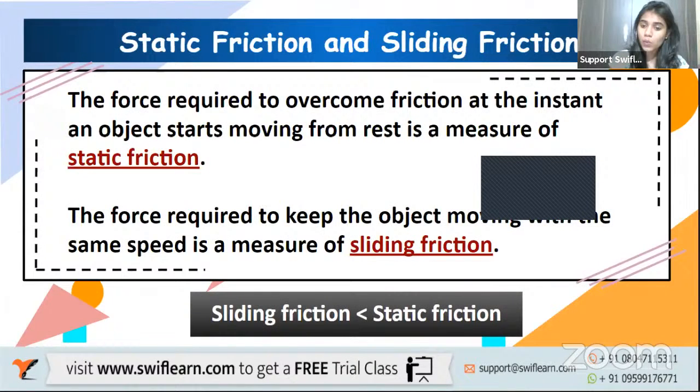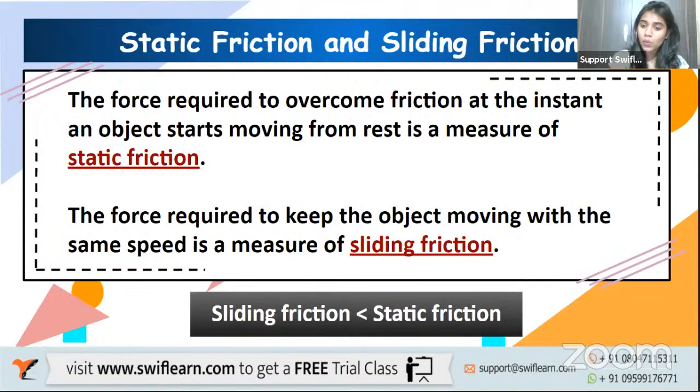Both of them are friction, and the only difference is that when an object is at rest and you're trying to push it, the force acting on it is static friction. When an object is already moving and you apply force on it, it is sliding friction. And we know that it is a lot more difficult to push an object at rest as compared to an object in motion.